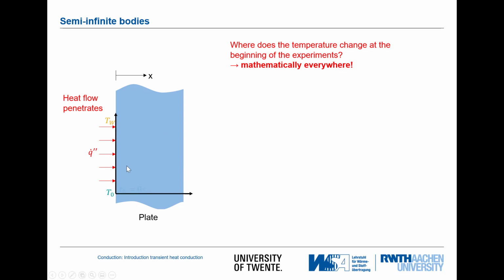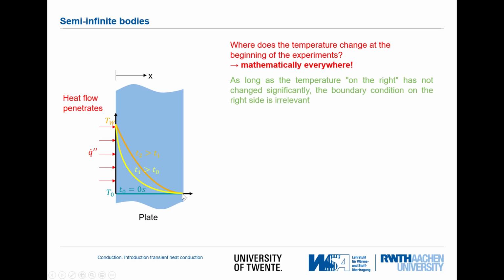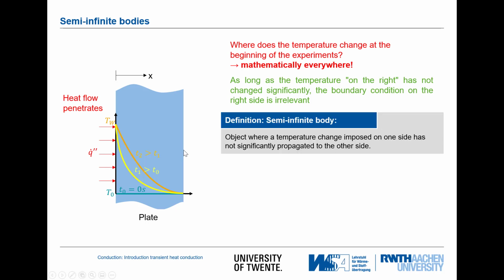Now, if we have this problem, we can draw the temperature profile, and as I've mentioned before, the temperature changes severely here in the initial part, the left part, and on the right side there's nearly no change. So this allows us, because it doesn't matter if we have a wall that is the size as drawn here, or a larger wall, the solution would be the same, and the boundary condition on the right side becomes irrelevant for the problem, which then is a definition of the semi-infinite body.